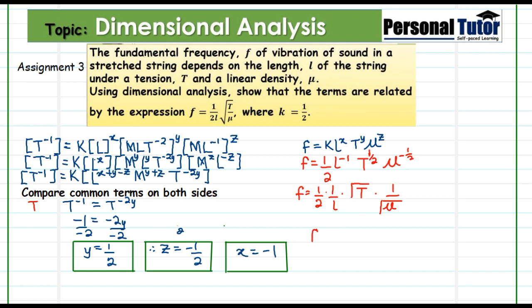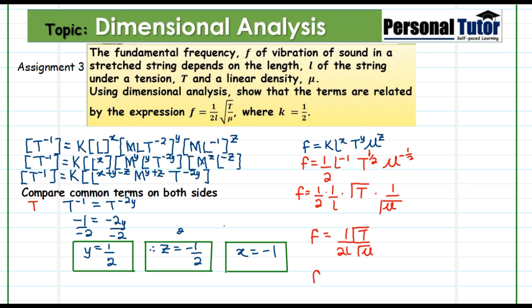Now let's multiply. Taking the numerator, 1 times 1 times root T times 1 will be equal to 1 root T, or simply root T. You have root T here and 1. All of this over 2 times L times square root of mu.